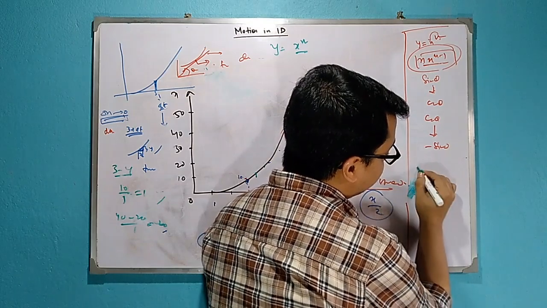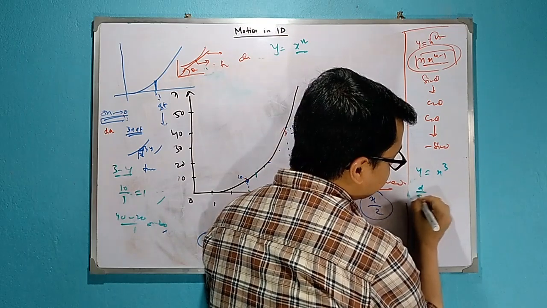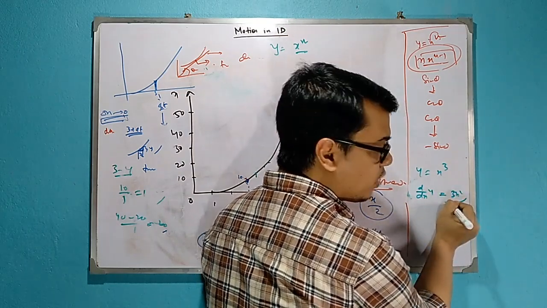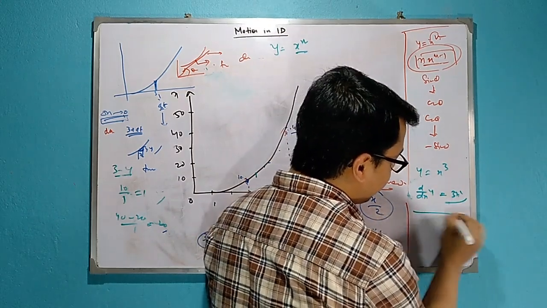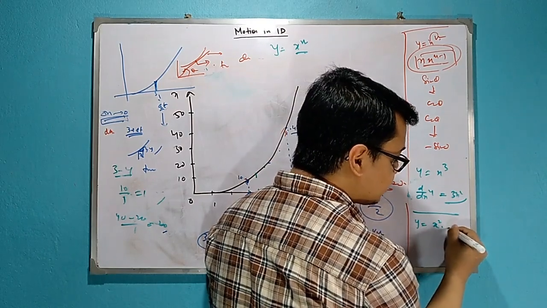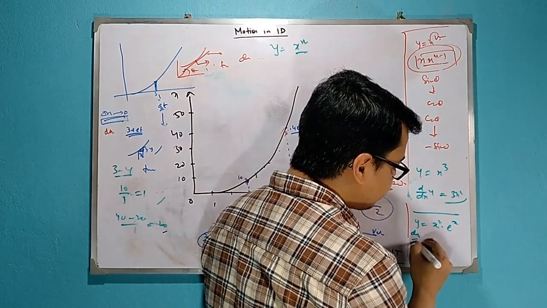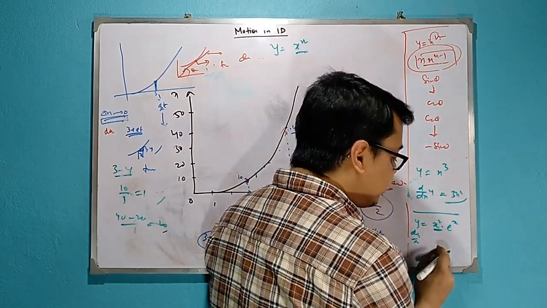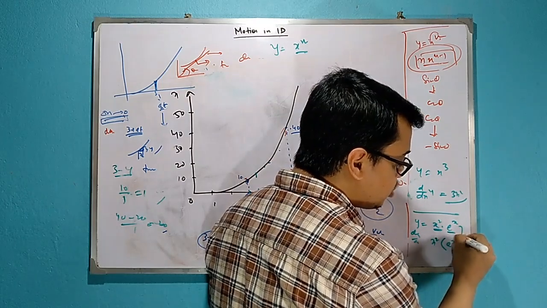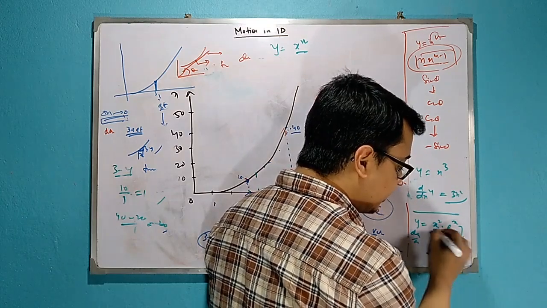Suppose y is equal to x cube. Now d/dx of y, that means dy/dx, is equal to 3x square. It will be the answer. And if a function is like this, y is equal to x square into another function, suppose e to the power x, then its derivative dy/dx will be: keep x square constant and take the derivative of e to the power x, which is e to the power x, plus keep e to the power x constant and take the derivative of x square, that is 2x.